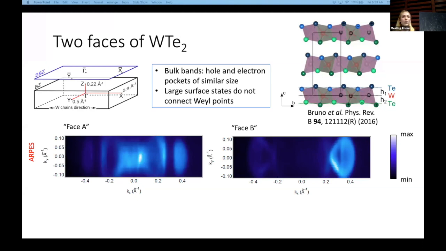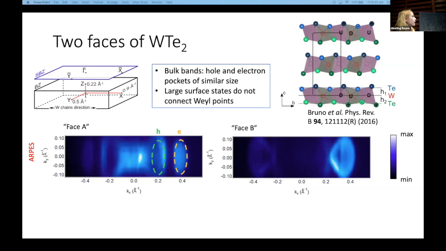This is attributed to a very subtle inversion symmetry breaking along the c-axis, where in one tungsten ditelluride block, you have your tungsten layer, and then you have tellurium atoms above and below. The average tellurium height above and below are actually a little bit different, which leads to the different spectra in different terminations. So let me walk you through these spectra.